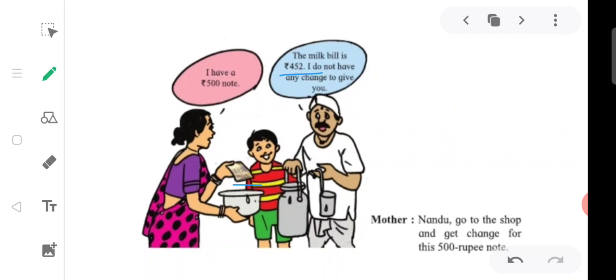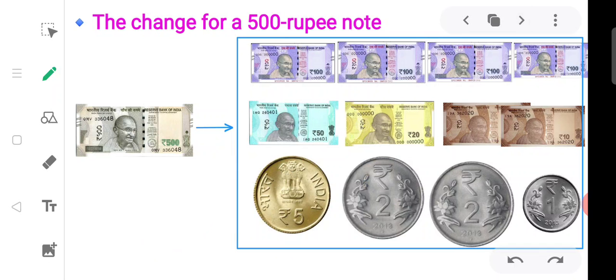So see what he gets. Nandu takes 4 100 rupee notes, 1 50 rupee note, 1 20 rupee note, and 2 10 rupee notes, 1 5 rupee coin, 2 2 rupee coins, and 1 1 rupee coin. So he takes a change of the 500 rupee note.